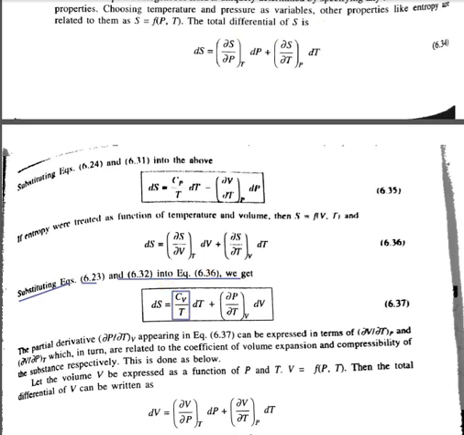Cv by T है, ओके। प्लस यहाँ पे क्या आ जाएगा? del P by del T at V, okay. So these are the relations.